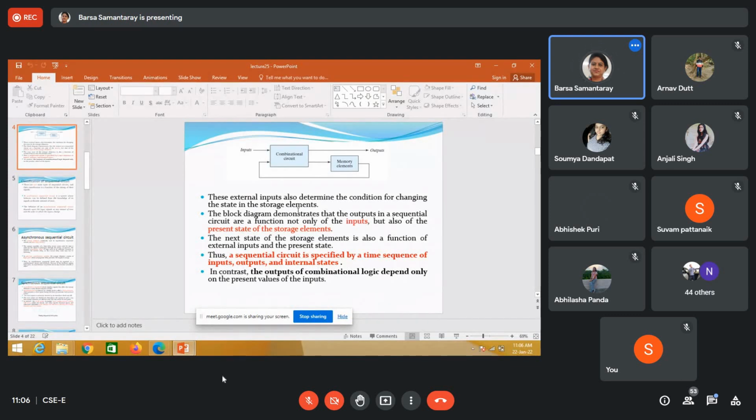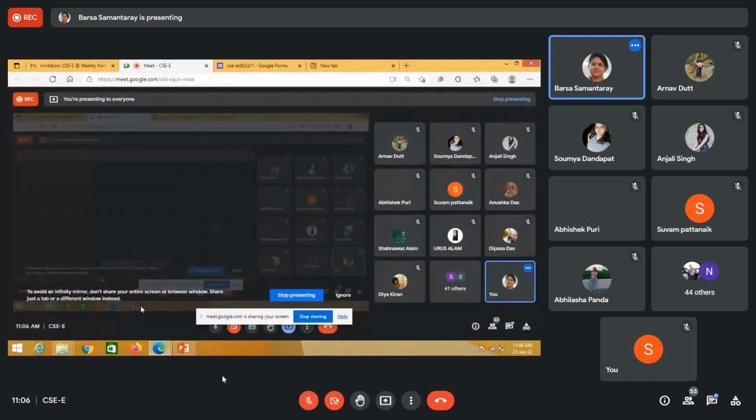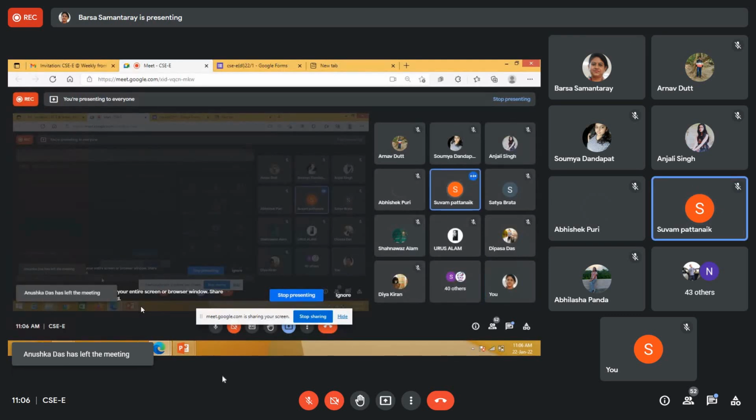Who can tell what a sequential circuit is? Subham Patnaik? Yes, ma'am. A sequential circuit is a combination of both combinational and memory elements. Very good. Then what is a flip-flop and what is a latch? That I don't remember. Okay.